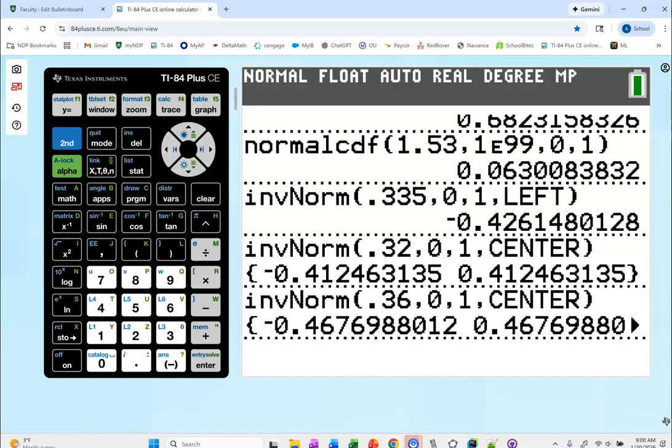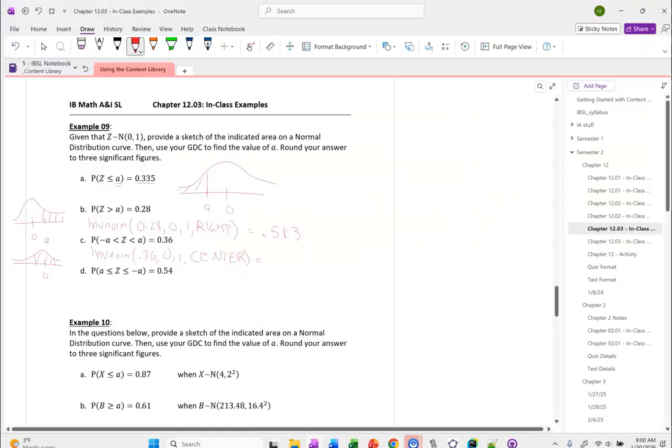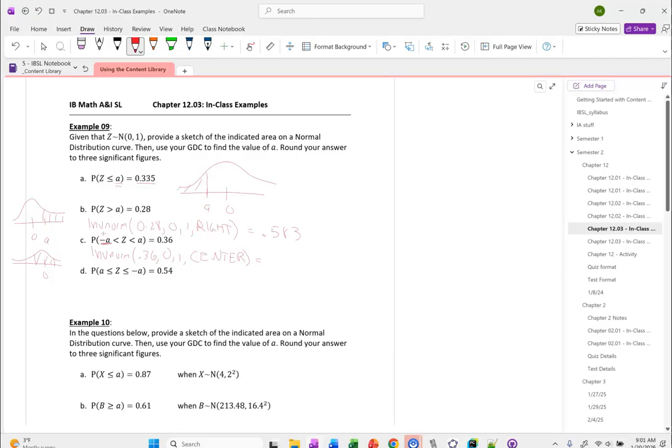Okay, so which one do we want? Do I want the negative or the positive? Nope. So look back at our problem. If I put the negative in here, I'd have the positive number at the bottom and the negative at the top. Is that right?